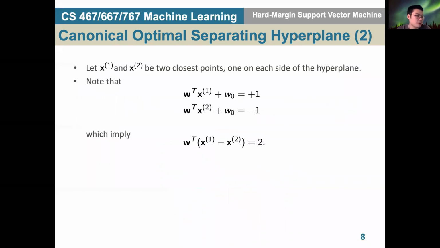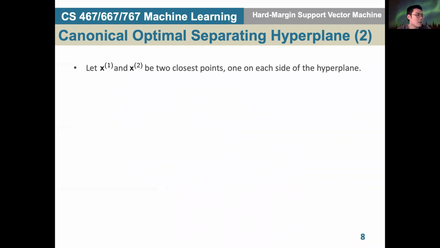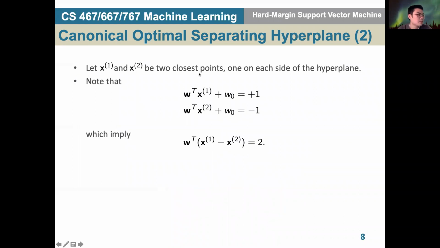So what we can do is this. Let me call out my pen. Let's assume, again, this is the 0 point, so W transpose X plus W0 is 0, okay? This is the positive one side, and this is the negative one side. Now we assume X1, X2 to be the closest points, one on each side.